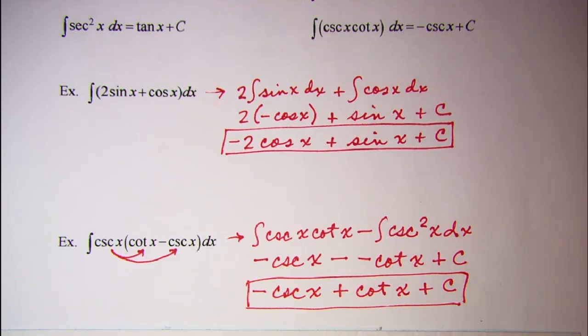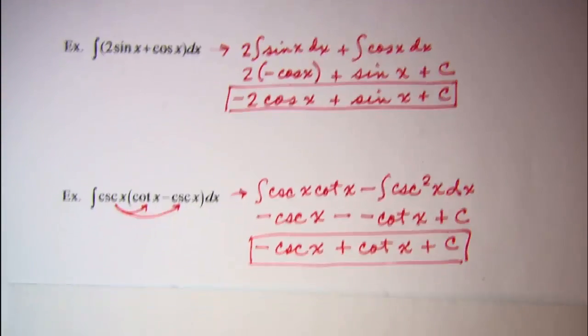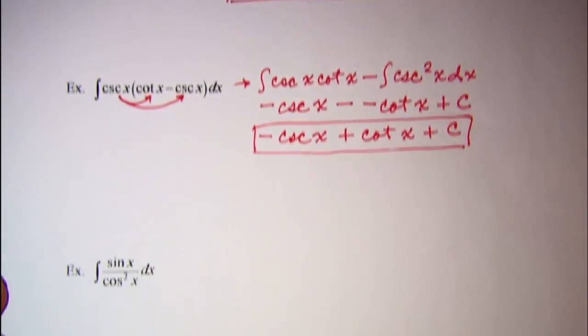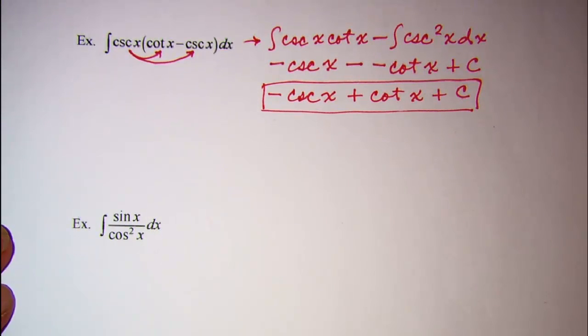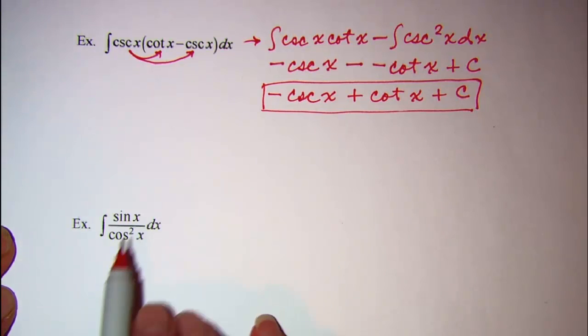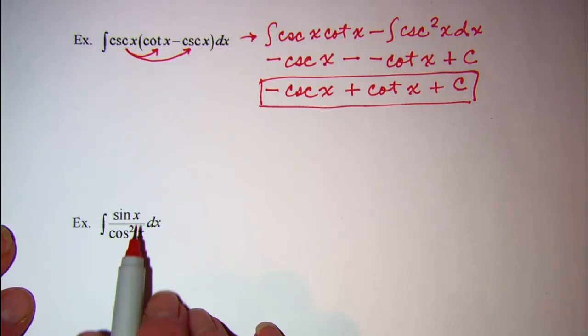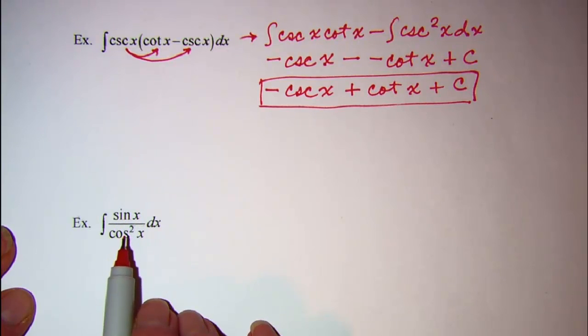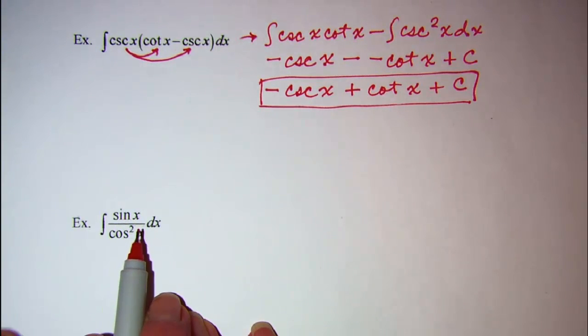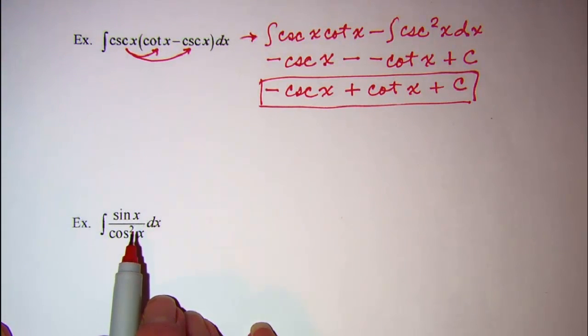Now let's do one more. You'll need to look at your notes to see the rules because I need to push my paper up. Again, we don't have a quotient rule when we're integrating, so we need to simplify this expression to see if we do have a rule that will apply.